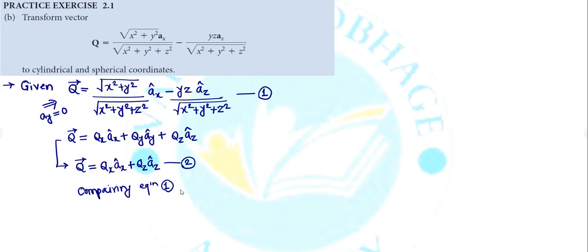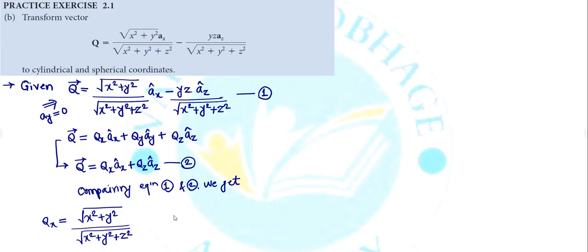So comparing equation 1 and 2, for that qx we have qx is equal to square root of x square plus y square divided by square root of x square plus y square plus z square.